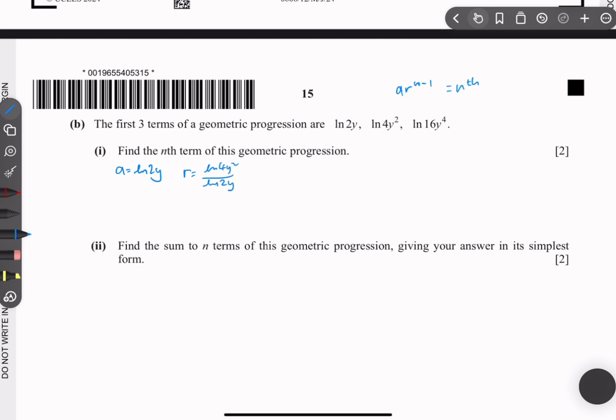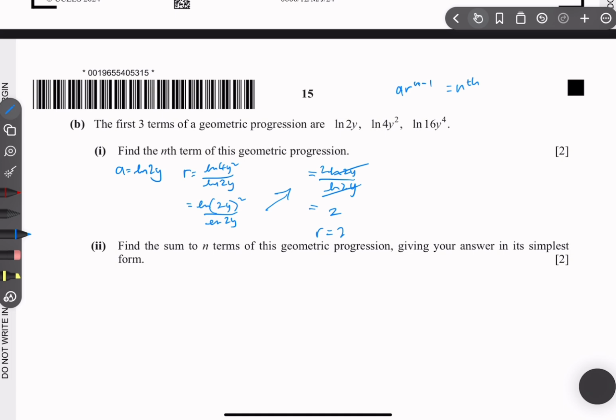And this also works for the third divided by the second. And then we can rewrite this. Then we cancel ln y, which makes r equal to 2.